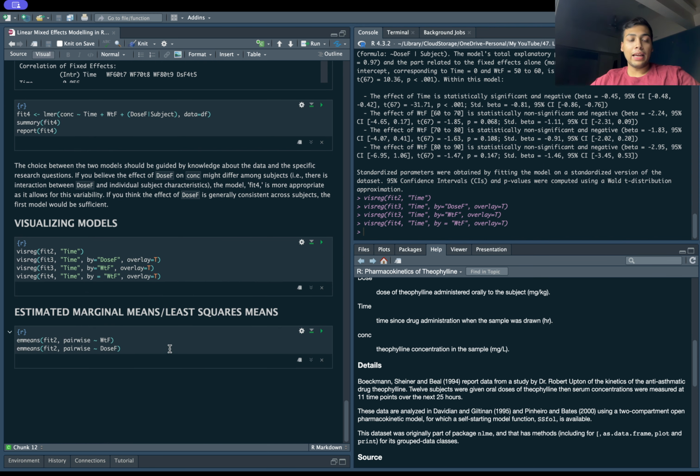All right, and last but not least is estimated marginal means, or EM means, also known as least square means, also known as adjusted means.